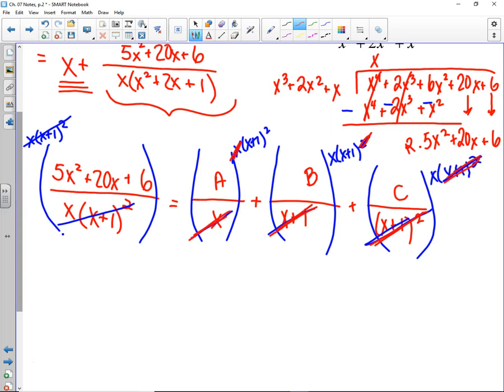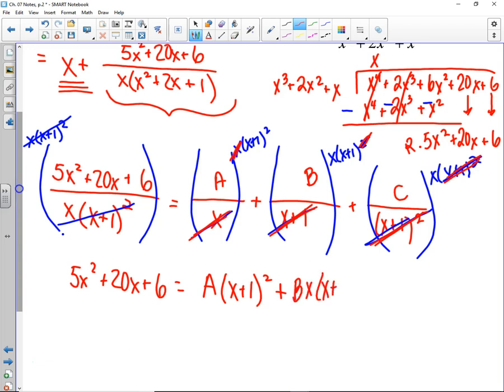All this denominator is gone. A has both the x plus 1s. B has an x and an x plus 1. And C just has an x.